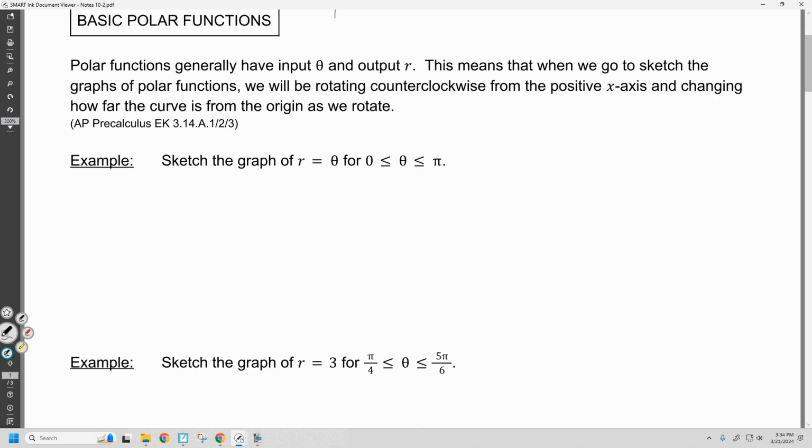You could copy this down on your homework. I'm going to show you on your notes. You think about your inputs, your angles, first. You will locate your first angle, theta equals 0. Great.